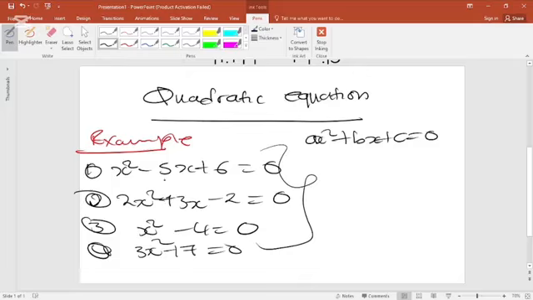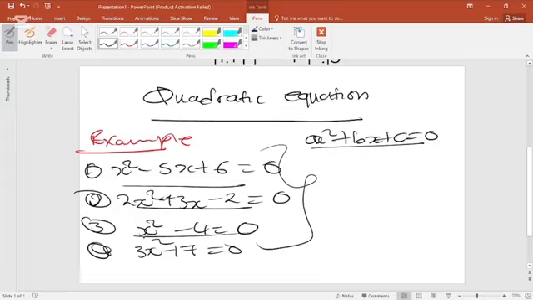Each and every example that we have here must match that form. In other ways, you'll be finding these jumbled in such a way that you have to rearrange them to make them suit this standard form for a quadratic equation.